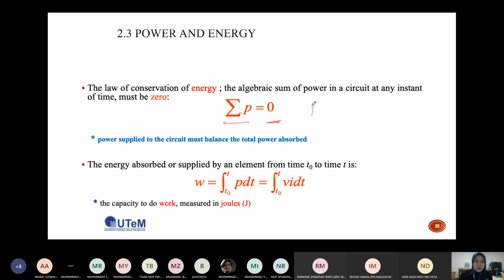Basically, power supplied in a circuit must equal power absorbed. Then only you can get the sum of power equal to 0, because power absorbed is positive and power supplied is negative.